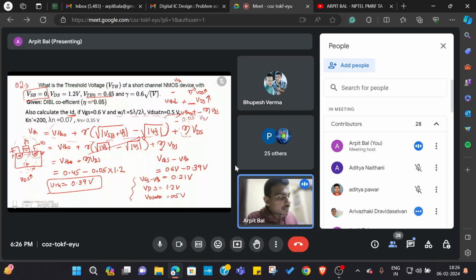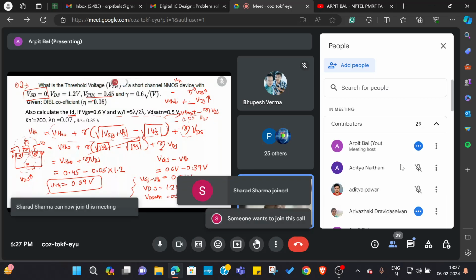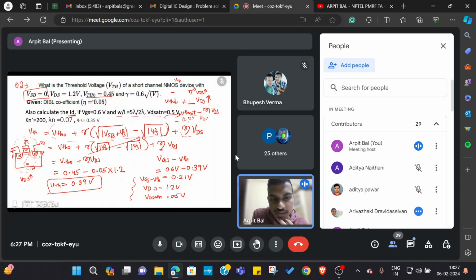No. So I'm saying that if I consider a PMOS, one of the questions was that eta has to be positive for one case and negative for the other. But if I consider a PMOS, if the VDS is going to increase, then this junction is going to be forward biased.